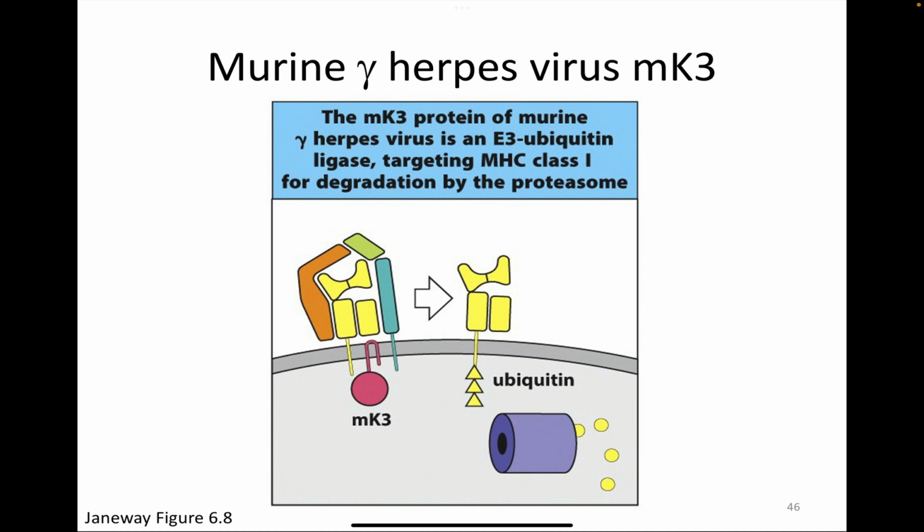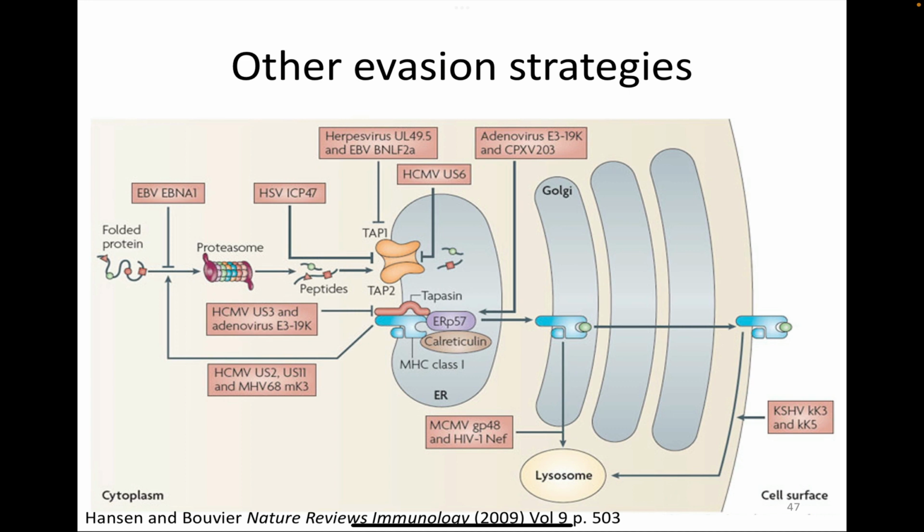Murine gamma herpesvirus MK3 takes the whole MHC molecule out of the ER, and it's just like, nope, you're not filling that. It's going to just destroy the whole MHC molecule. There are even other viruses that bind to the MHC when it's on the surface of the cell and pull it off the surface of the cell.